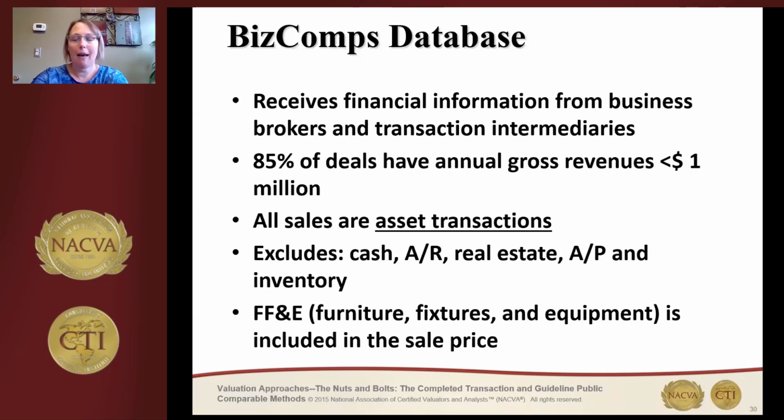But if the sale that we're looking at includes cash, accounts receivable, real estate, AP, and inventory, well, then we can't just take 1.2, because in the BizComps database, all of that was excluded from the data. So it was 1.2 times revenue plus any cash, plus any AR, plus any real estate, plus any AP and inventory, or those were just excluded from the sale altogether. So understand what data is being reported, and make sure that your comparables actually compare to the data.